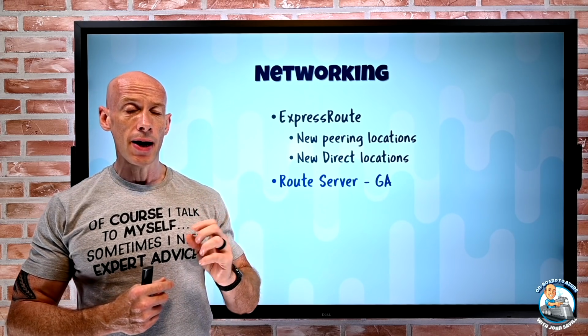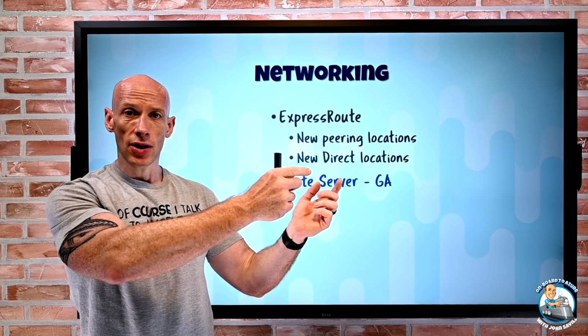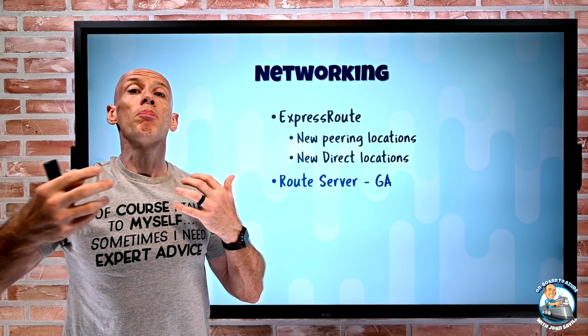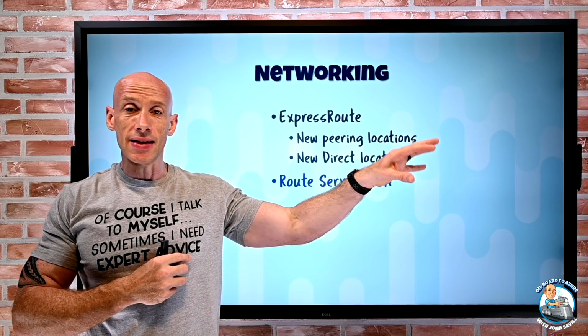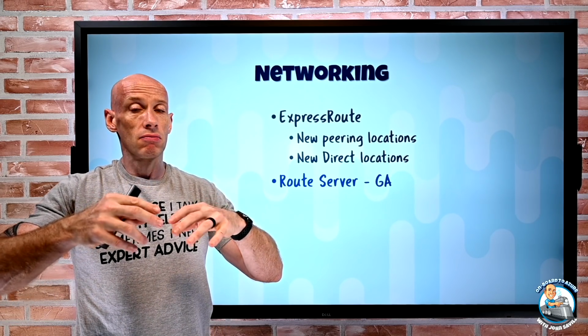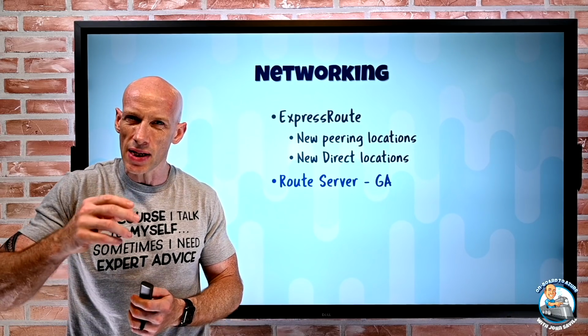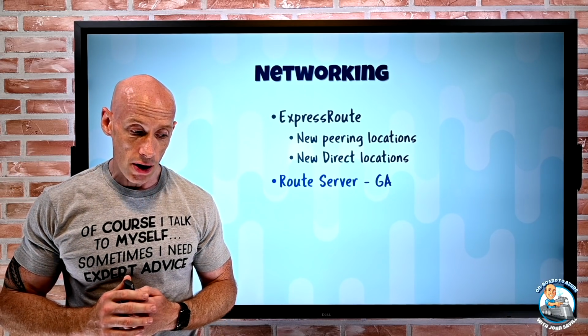With Route Server, those NVAs can establish a resilient BGP session to the Route Server, which will populate the address spaces it gets to the VNet and connected networks, so I don't have to manually create those UDRs. And it opens up a lot of other really cool, nice scenarios as well.